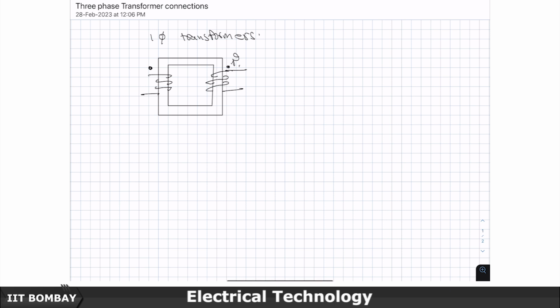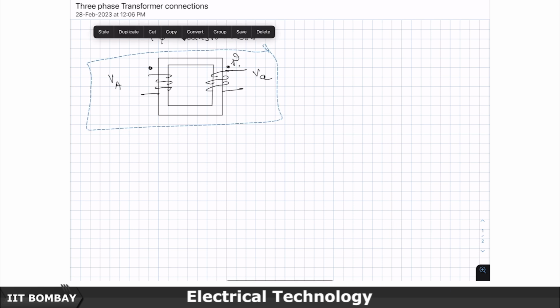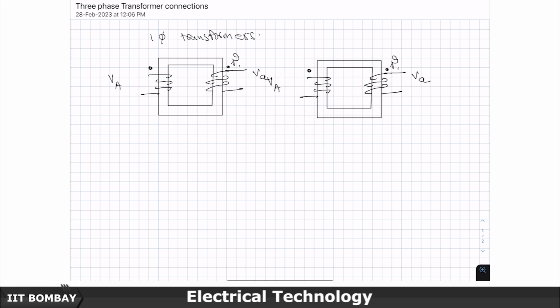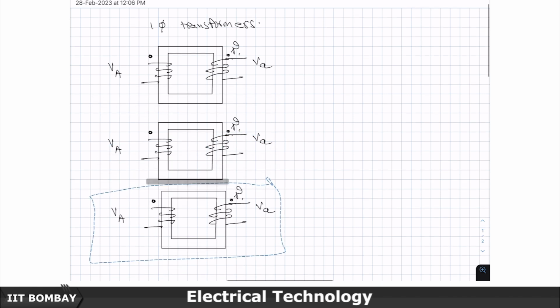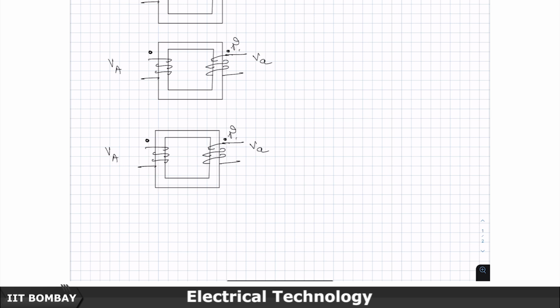basically if you think of a single phase transformer like this, and let us say this is connected to VA, and let me say this is the primary winding, the high voltage capital VA, and this is the LV winding VB, and now let me say that I have three such transformers, 1, 2 and 3.